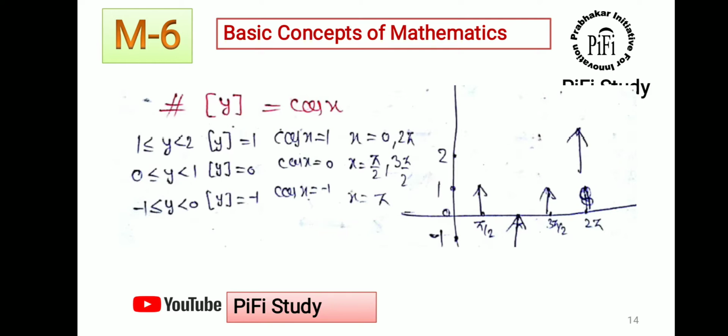Now the greatest integer direction in this case will be along the y-axis, and other things are the same, like 0 to 1, 1 to 2, or 0 to -1. So the graph for greatest integer y is equal to cos x is shown in this figure.